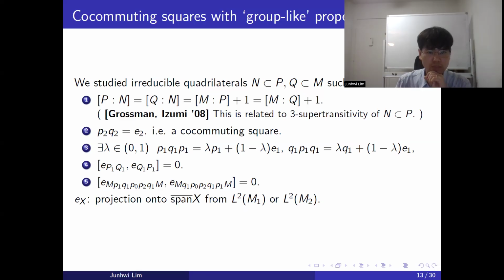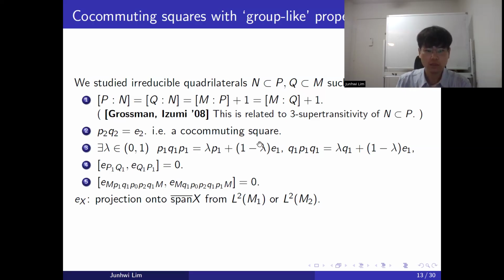That can be separated into infinitely many cases. We considered the simplest case where the products of Jones projections P1 Q1 P1 and Q1 P1 Q1 are linear combinations of 2 Jones projections. In general, they can be linear combinations of multiple projections, but this was the simplest case we could think of.